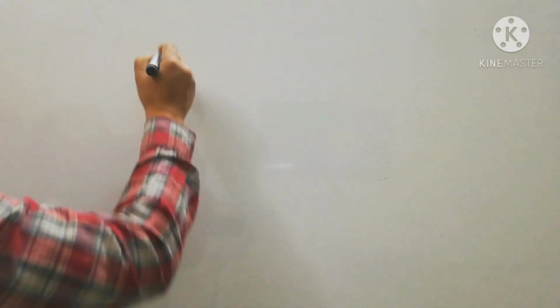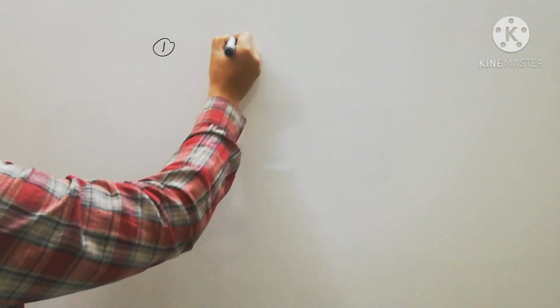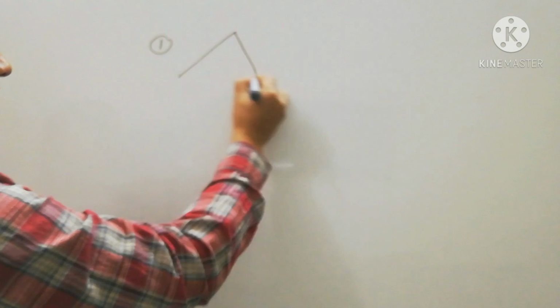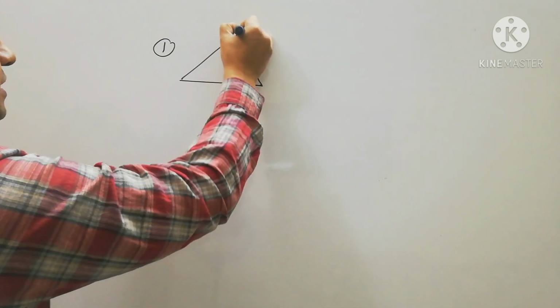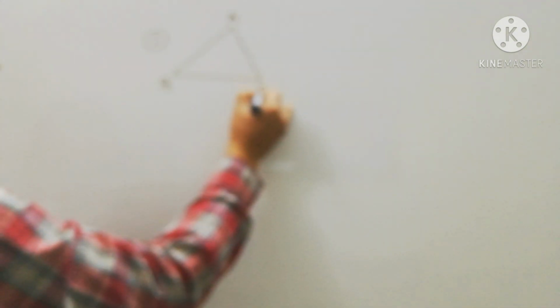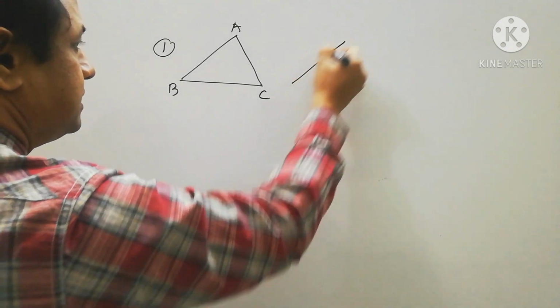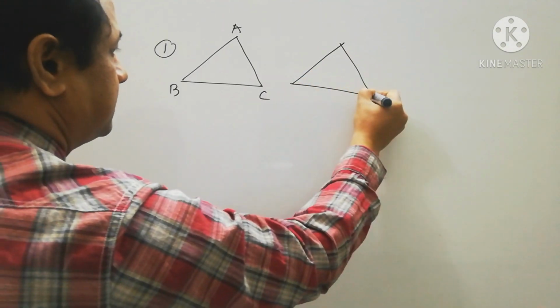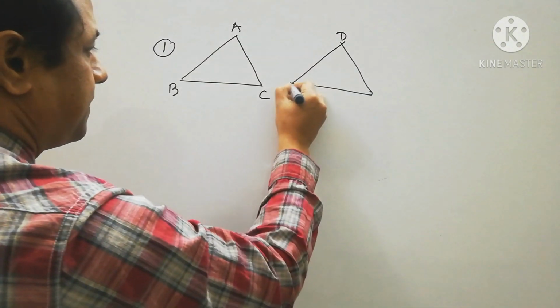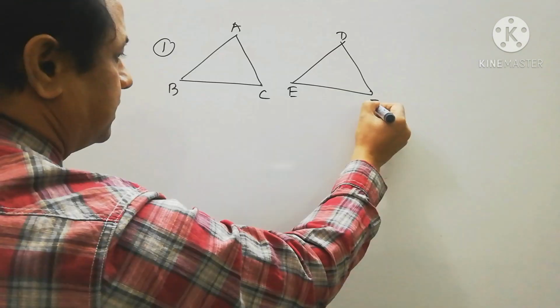So students, look at the board. First concept, number 1. Let ABC be a triangle and DEF another triangle.